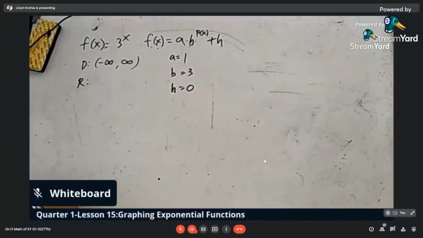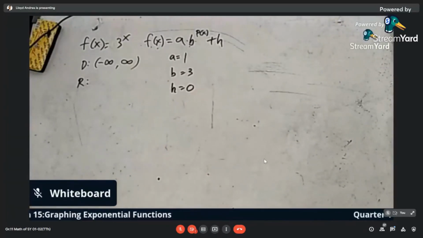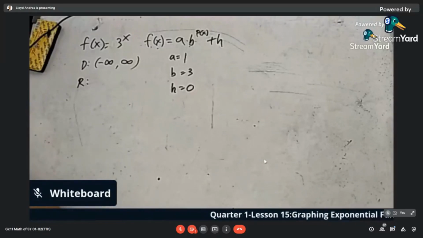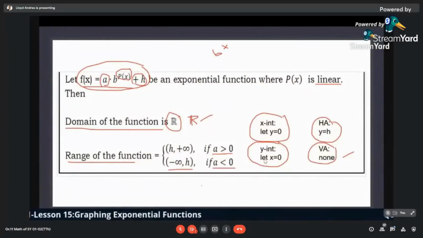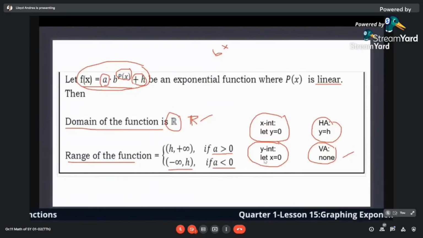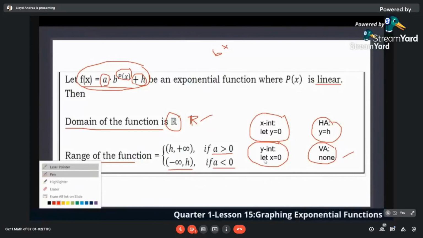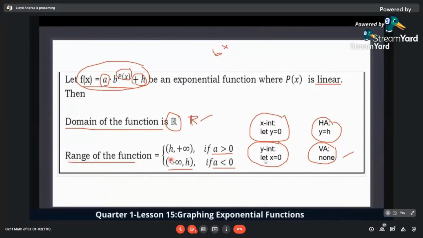Okay. So again, if you remember, the pattern for the range is this. Let me go back to the PowerPoint. If A is greater than 0, the pattern is from h to positive infinity. Since A is positive, we use that pattern, from h to positive infinity.